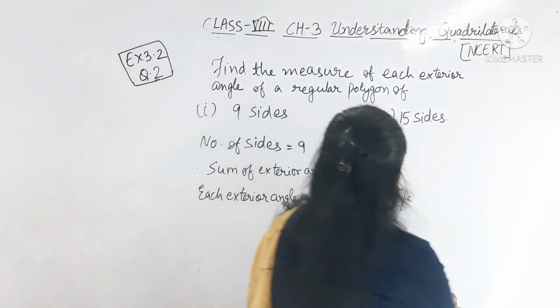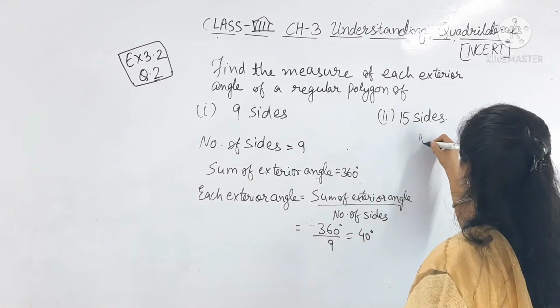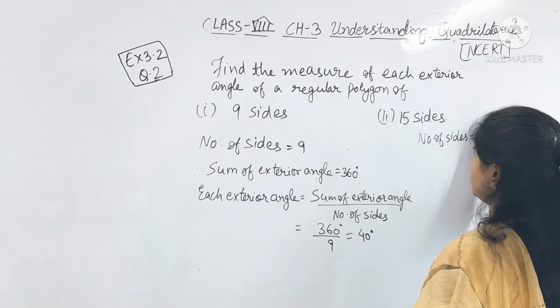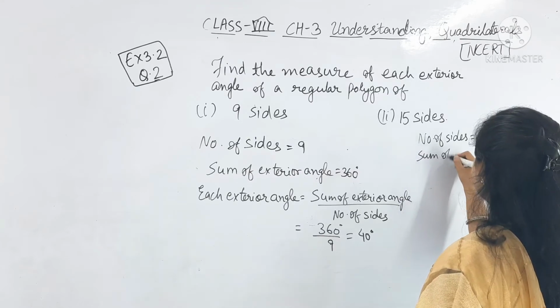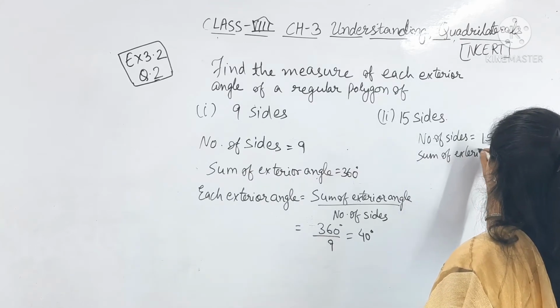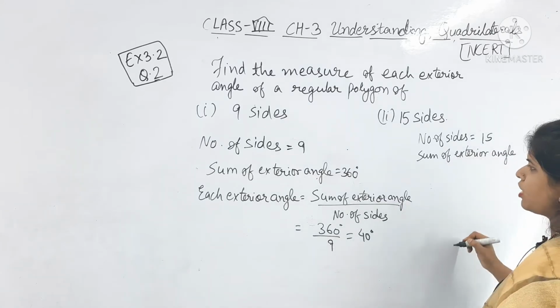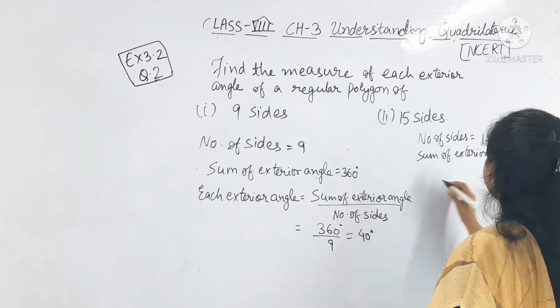Okay. Now come to the second part. Here number of sides is equal to 15. Sum of exterior angle, we know that sum of exterior angle of any polygon is equal to 360 degree.